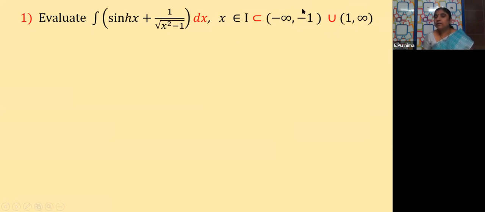It is nothing but these values as well as these values. So x is taking the values within this interval as well as the values within this interval. Which values are excluded here? The values which are lying between minus 1 comma 1.